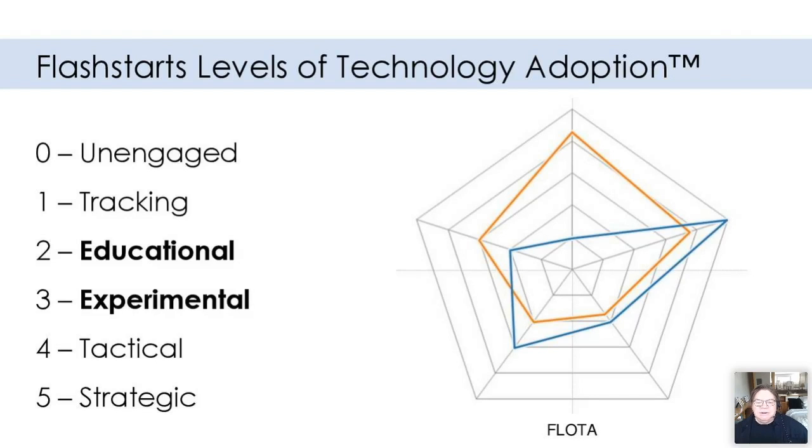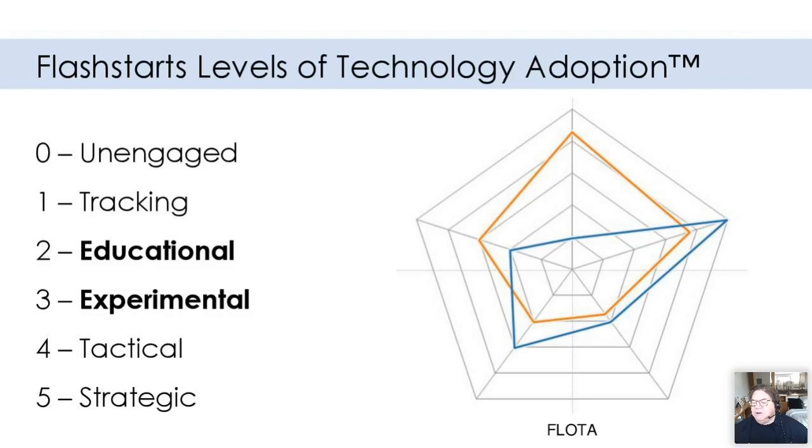Level 2 is educational, where you allocate a budget to helping people within your organization learn more about that emerging technology. The third stage is experimental, where you do some low-risk pilot projects to learn more and see where it may or may not be applicable to your business. Level 4 is tactical, where the technology can provide some tactical benefits to your organization.